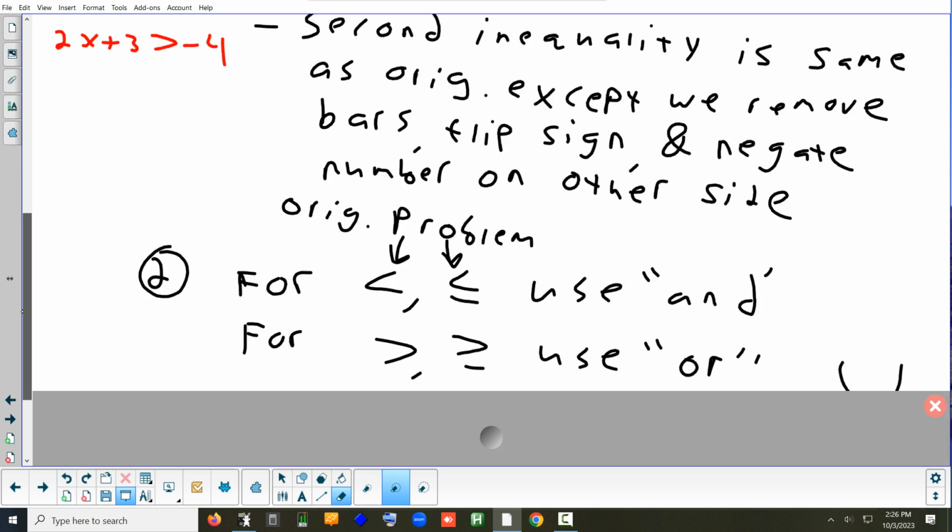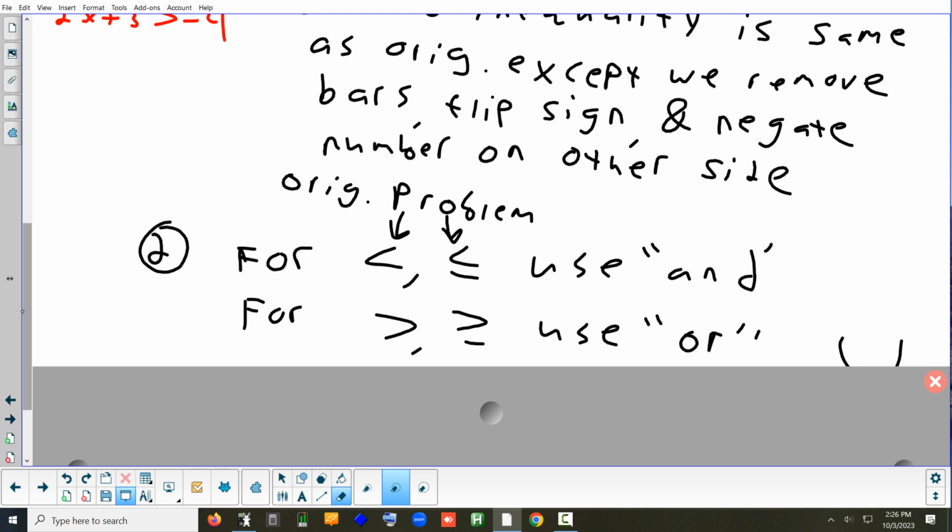If the original problem had a greater than or a greater than or equal to, you put the word or. The way I remember it is if you pronounce those symbols like greater, greater or, you might remember it that way. So a greater is an or, less than is an and.